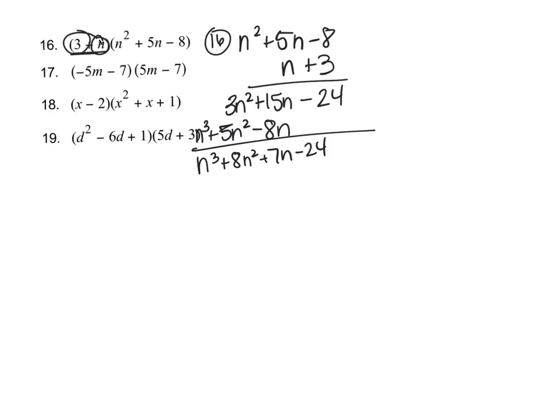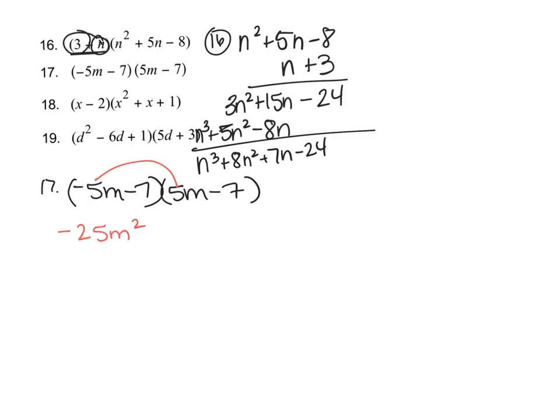Okay, number 17 is negative 5m minus 7 and 5m minus 7. So we're going to multiply the first ones, negative 25m squared. Then we're going to multiply 5m times the 7, and we get positive 35m.